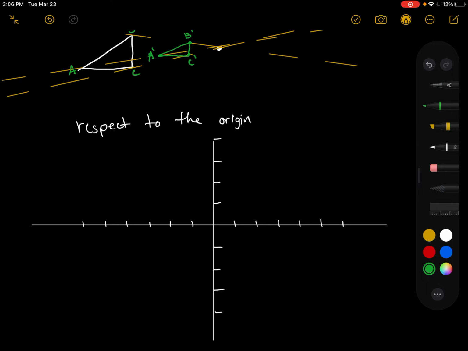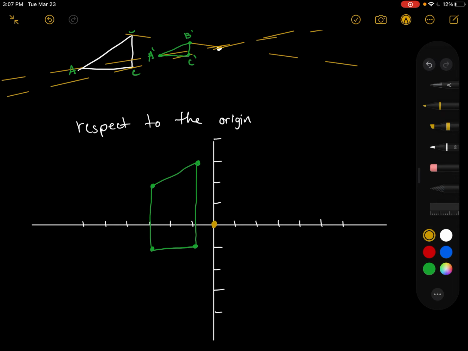All right, and let's say we are given a shape in the coordinate plane. So something, I don't know, let's say like this. So this is what our shape is going to look like.